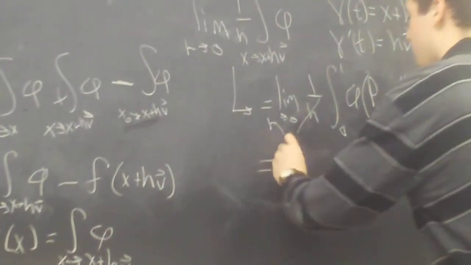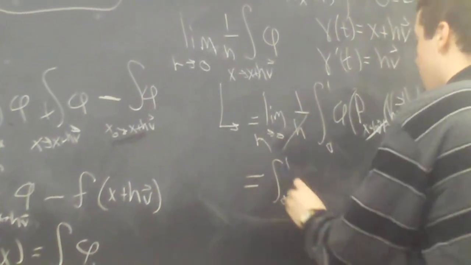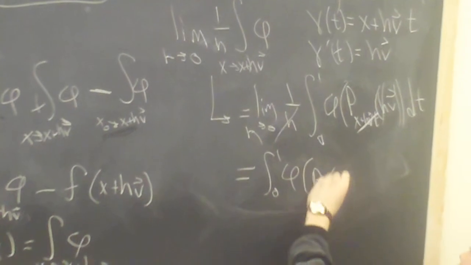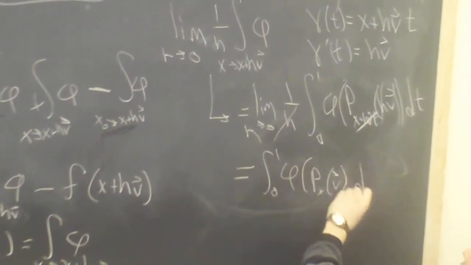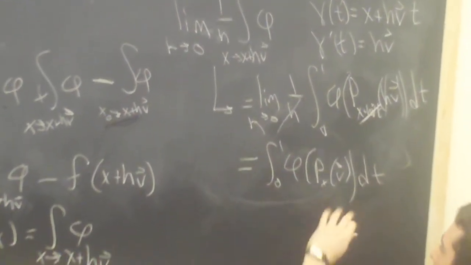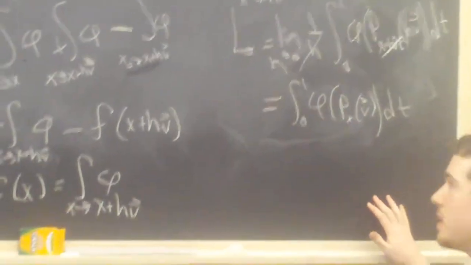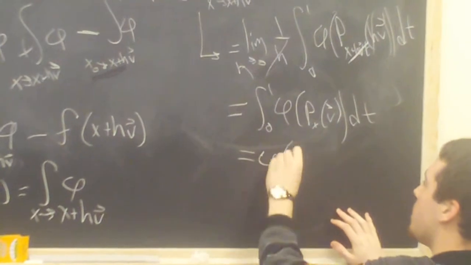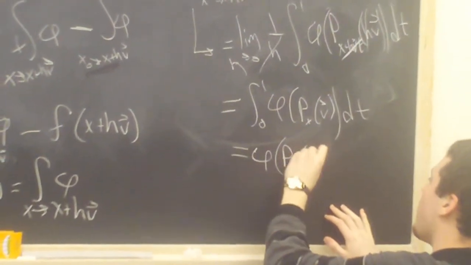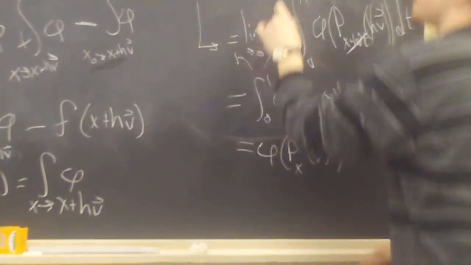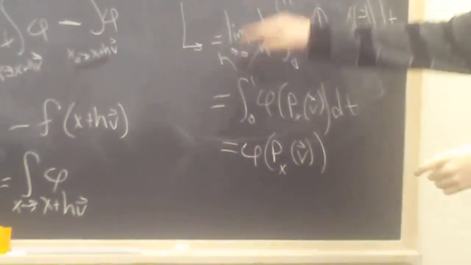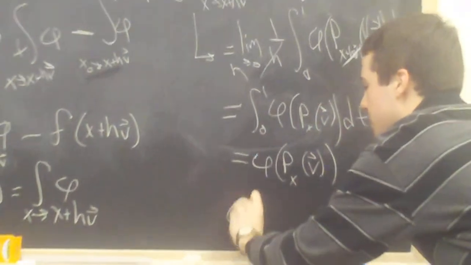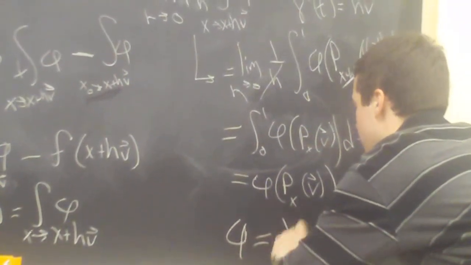So we're left with the integral from 0 to 1 of phi p anchored at x spanned by v t. And the integral now, since no t's are in the equation, just is equal to 1 times phi p at x anchored at v. And we see that phi of p at x anchored at v is equal to df p at x v, and to say it more succinctly, phi equals df.